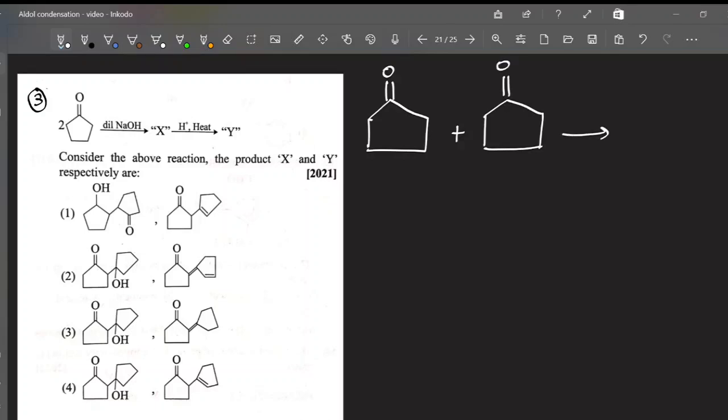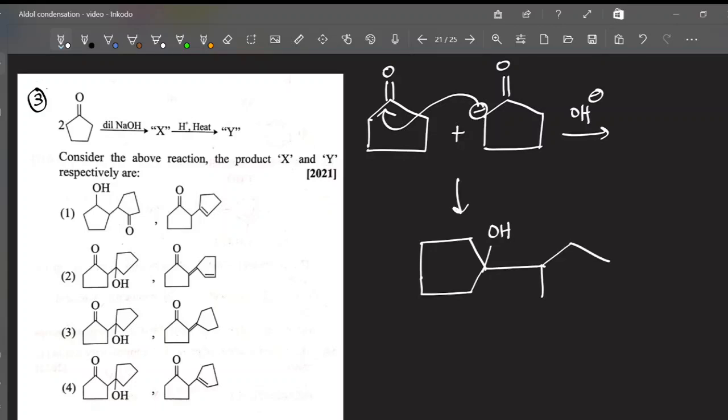In the first step, in the presence of a base, one of the cyclopentanone gives an enolate ion, and that enolate ion will attack the other one. Let's draw the structure together; you also try from your side. This will become O minus, and later that will be attacked by hydrogen. We have seen this already. This is our aldol here. Please check where this structure is.